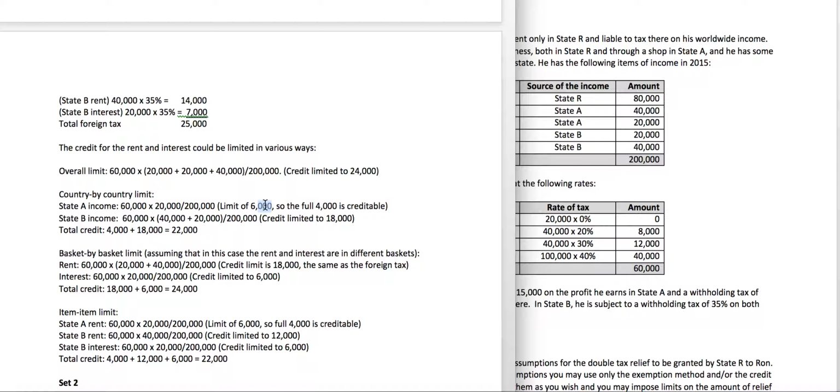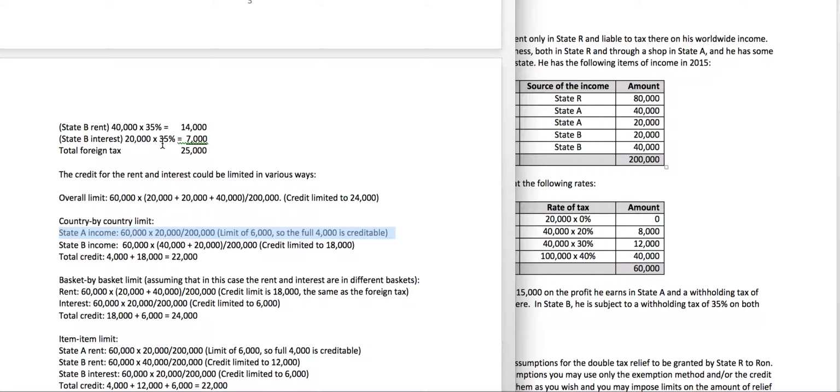So it's a limit of 6,000, but all you really need is 4,000, because that's all we're being taxed on. So 4,000 is creditable because we didn't reach the limit. State B is 60,000, and the credit claimed can be 18,000. So you add these two and get a credit of 22,000 if you use country by country.